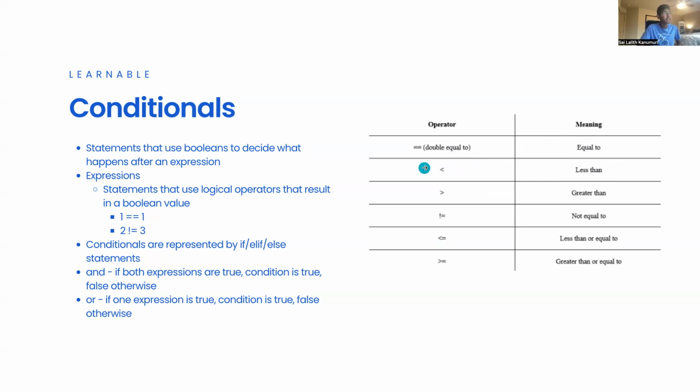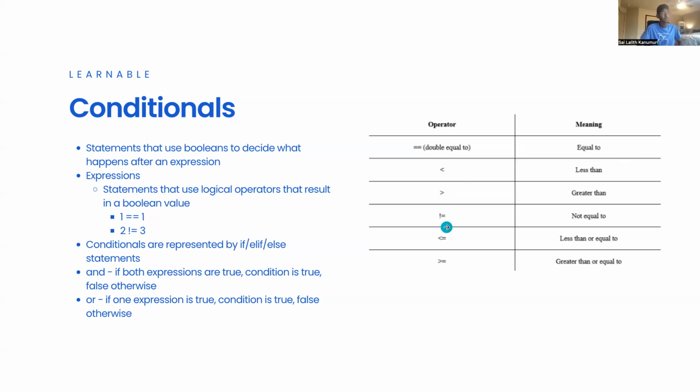And here is the less than symbol. If you took any math class before, hopefully you know what these are. The less than symbol basically means that the left-hand value is less than the right-hand value.